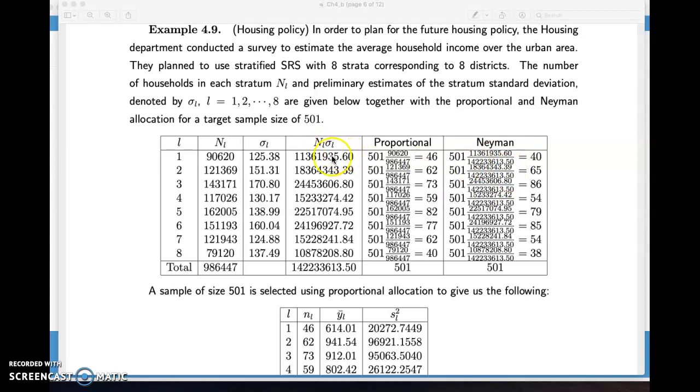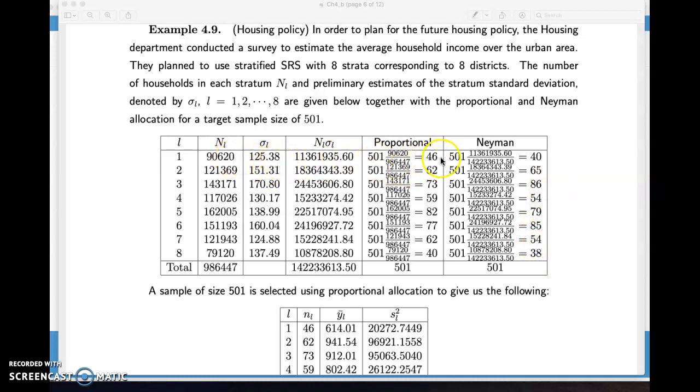So now we multiply the population by the variability sigma L. The allocation would be 501, the total sample size, multiplied by N L sigma L in stratum 1 with respect to the summation of all of these strata N L sigma L. So 1136135 divided by 1422, etc. Under Neyman allocations, the sample size for each of the strata considers the population size as well as the variability.